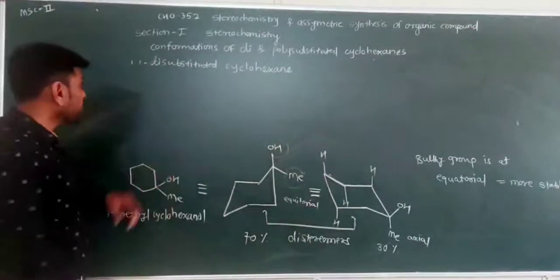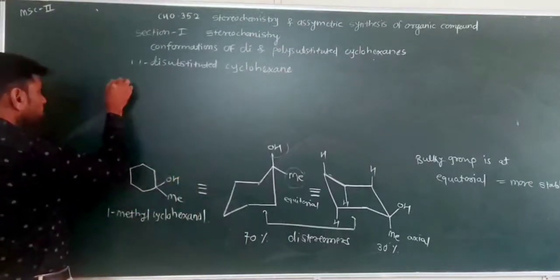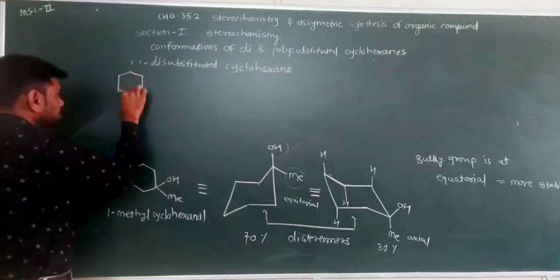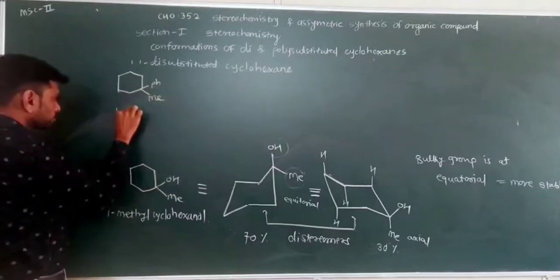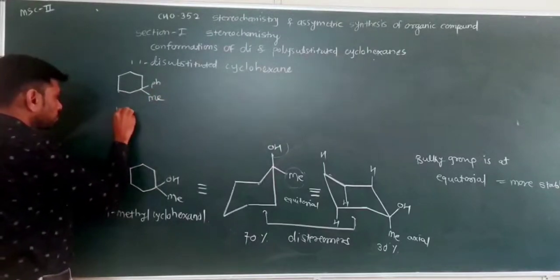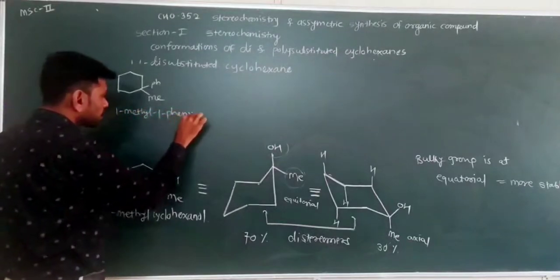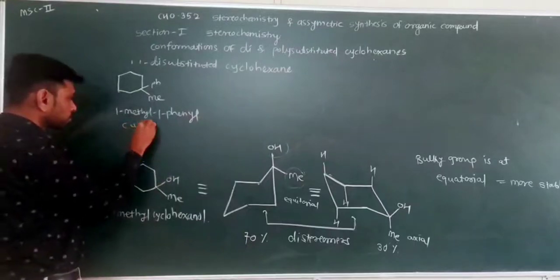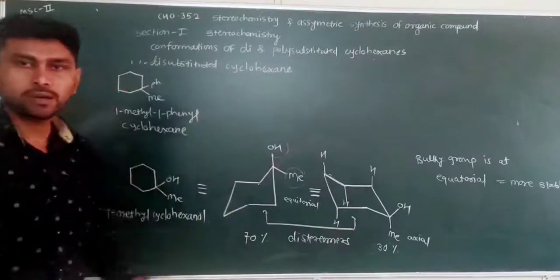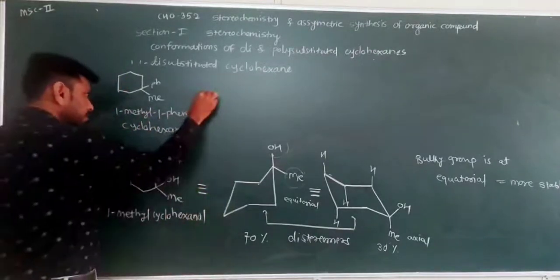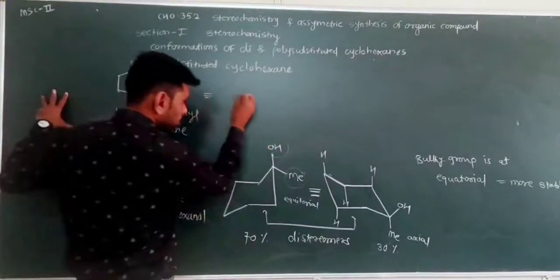But here is an exception. We have taken the example of 1-phenyl-1-methylcyclohexane. Let's convert this structure into a chair conformation.